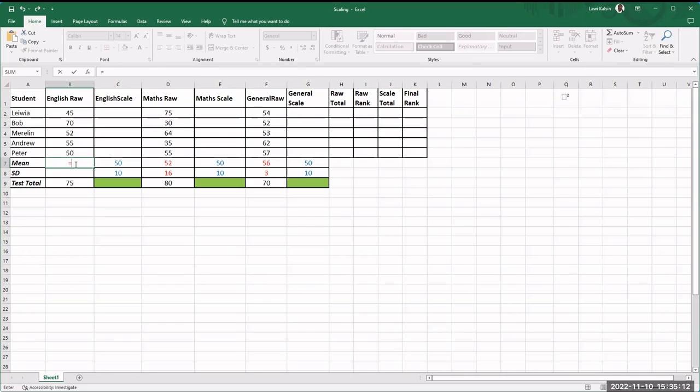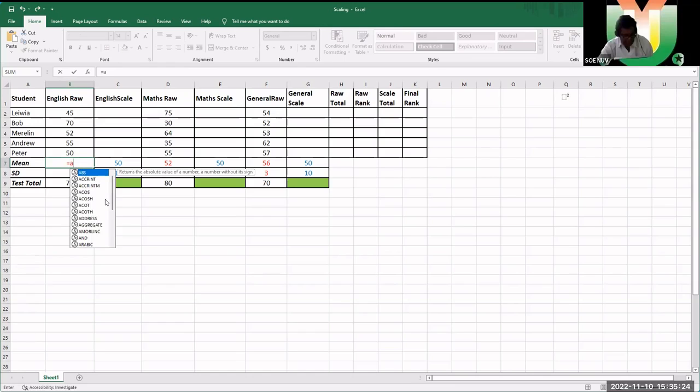Equal average. So you type the initial letter for average, which is A. Once you put A inside, you'll have this drop down here, and then you click on average.